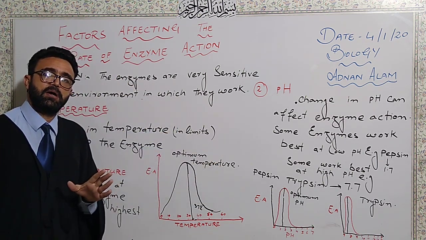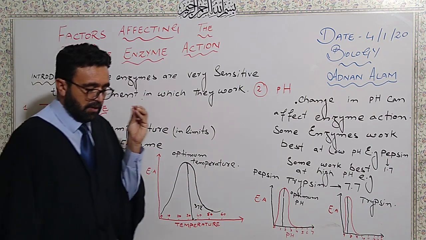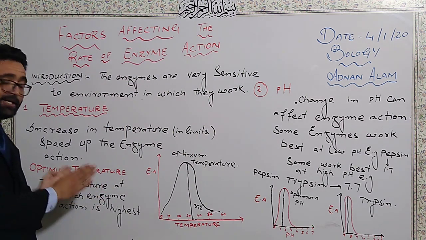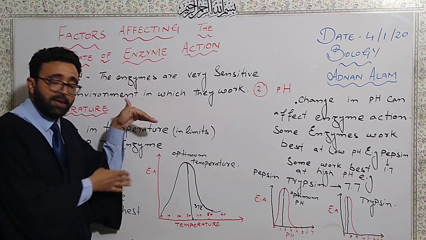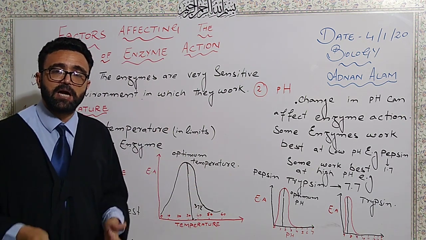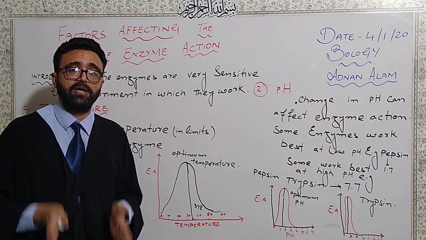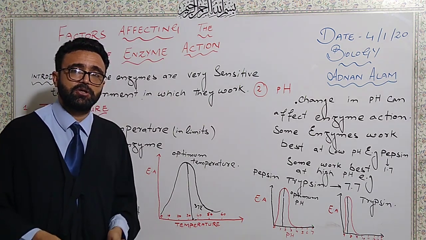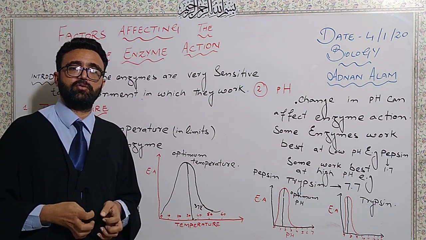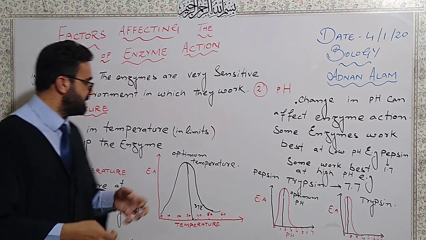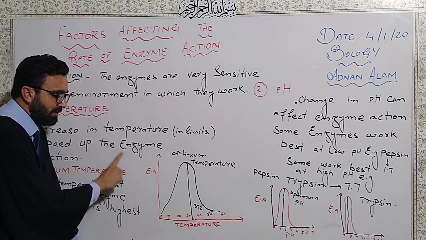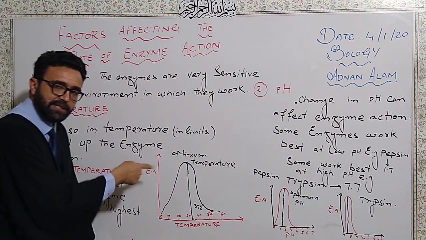Here I wish to mention a term called denaturation. If I increase the temperature beyond the optimum limit, then denaturation will start. What does denaturation mean? Denaturation means the disturbance of the three-dimensional structure of the enzyme molecule. Here a graph is given, showing a human enzyme example.